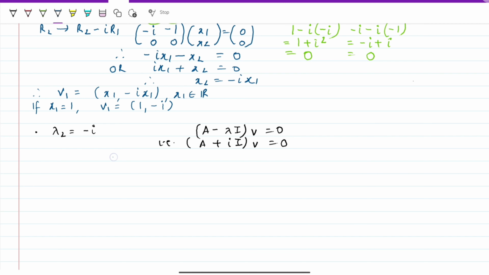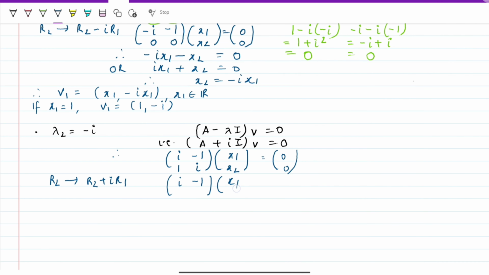So here we have i, negative 1, 1 and i multiplied by V, which is x1, x2 is equal to 0, 0. On R2, we now perform R2 changes to R2 plus i times of R1. So the first row remains unaffected and the right hand side remains unaffected.